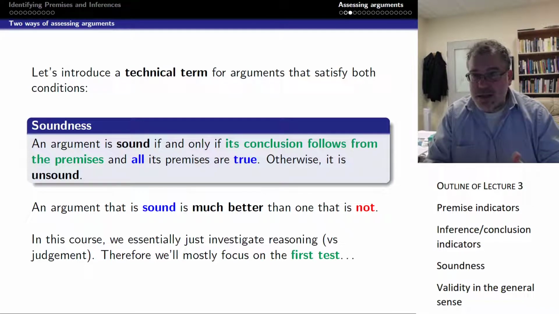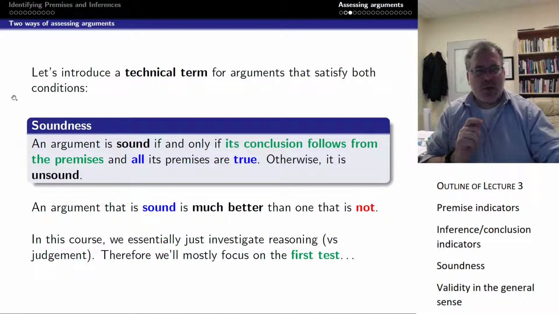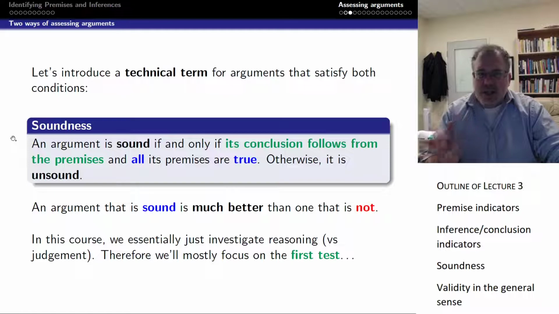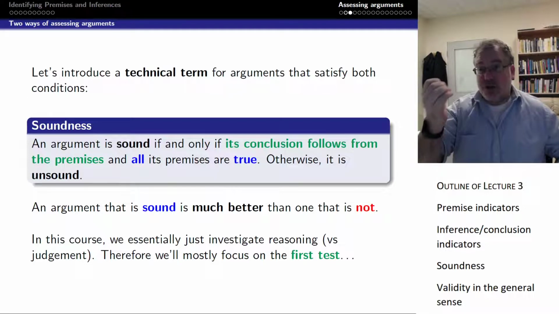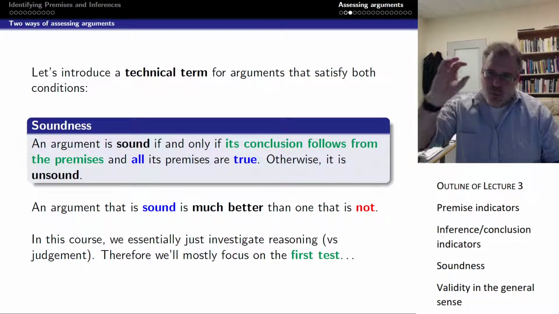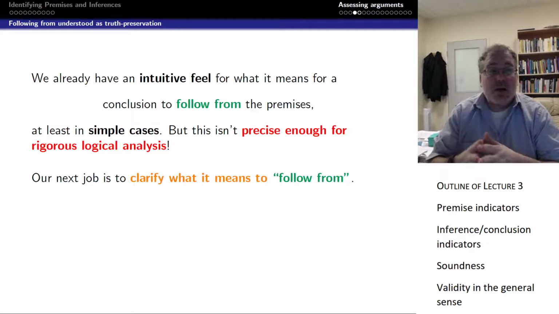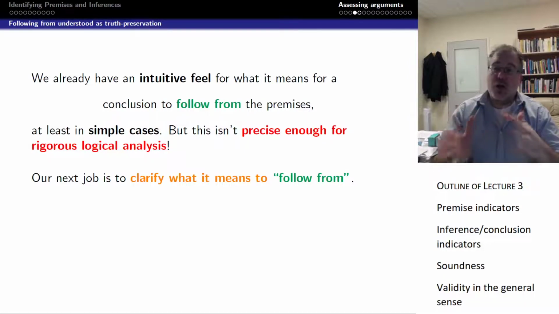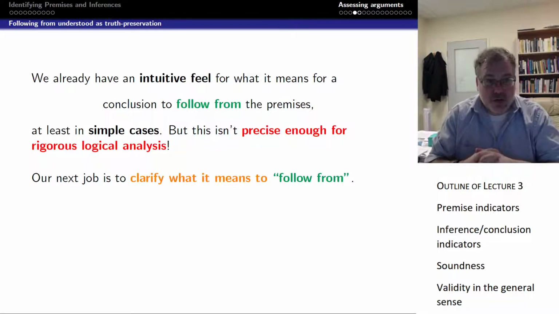And if it does, how do we show that the conclusion follows from the premises? So we've just introduced soundness because it tells us why we are arguing to begin with, but this course focuses really on one of the two questions. So let's talk more about what it means for the conclusion to follow from the premises, since that's going to be the focus of this course.